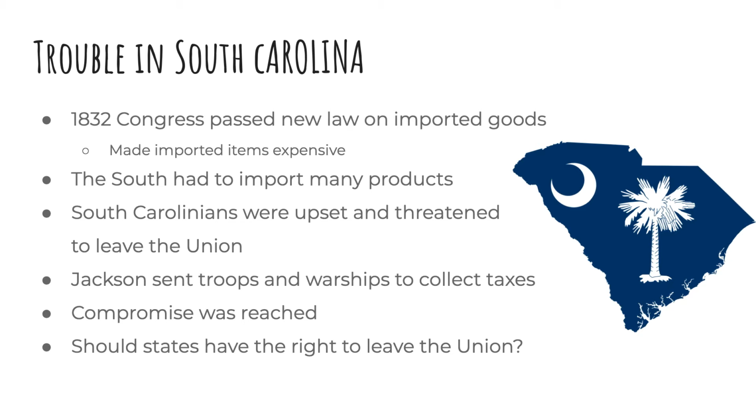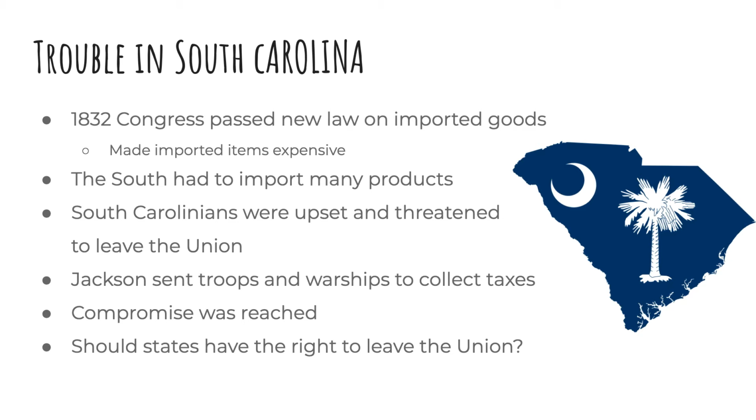So let's say New York made manufactured goods that were not available in, say, Virginia. So New York had to trade or ship these products to Virginia. So because it's all local in the United States, it's an imported good. But all of those goods now had a new tax on them, and all these items became very expensive.